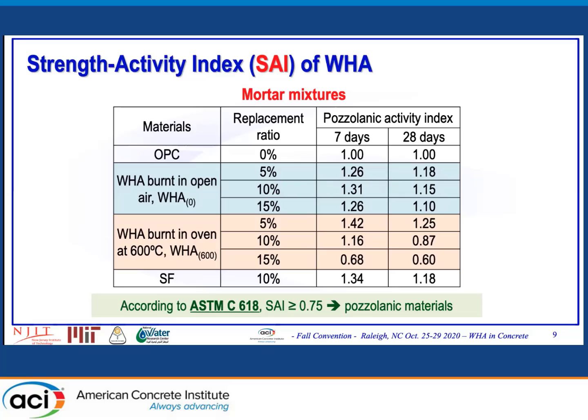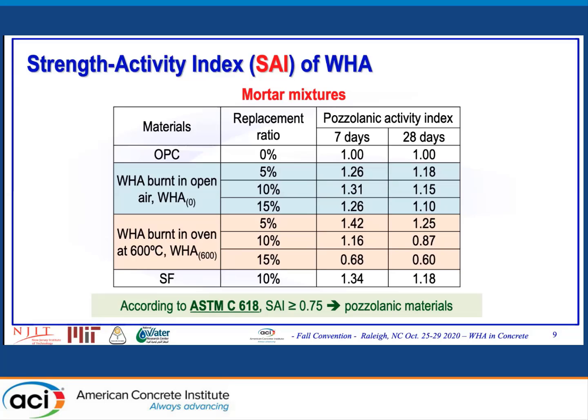Basically they use 20% replacement in mortar samples, and they compare the compressive strength of this 20% to the control. And if the result is greater than 75%, it means that this is a pozzolanic. If it's less, it means it reacts as a filler.